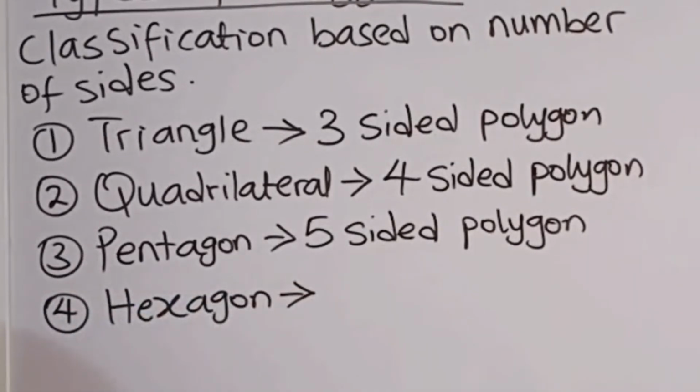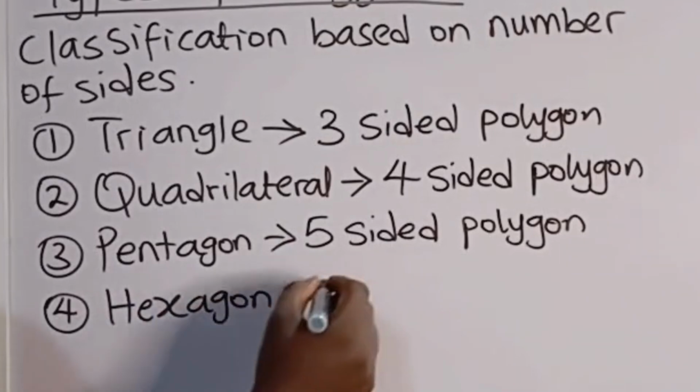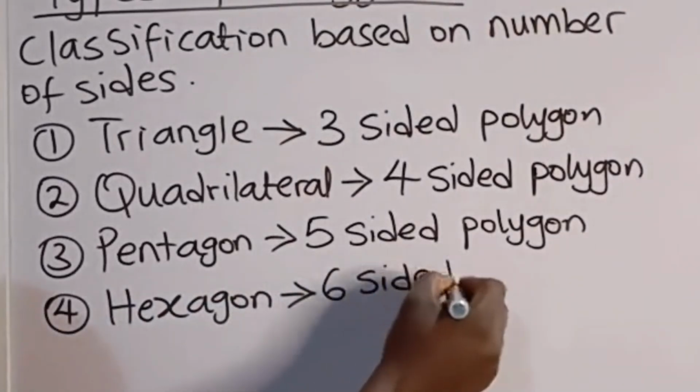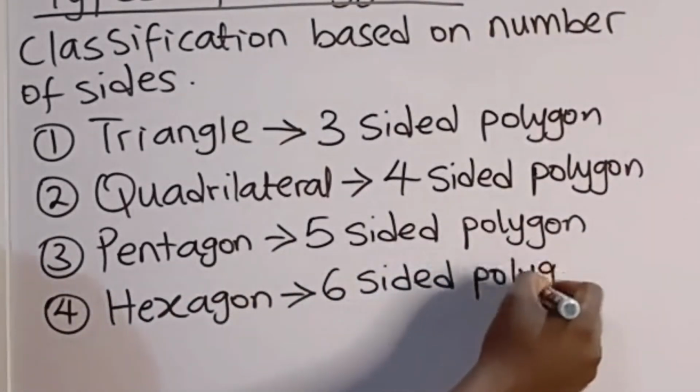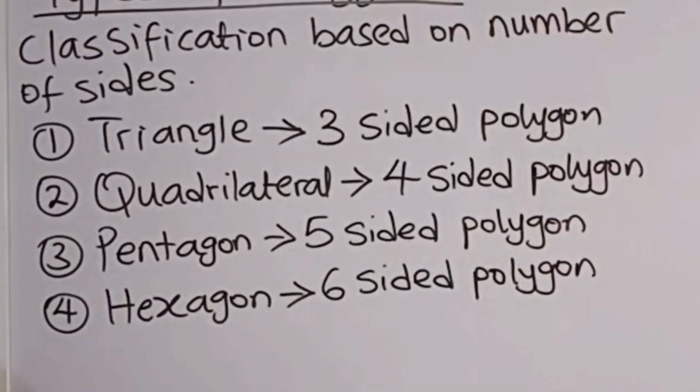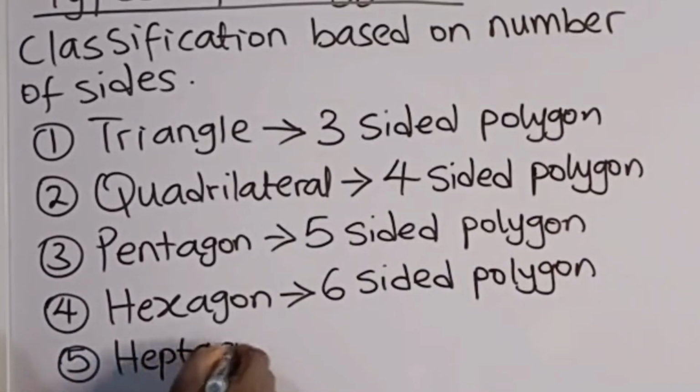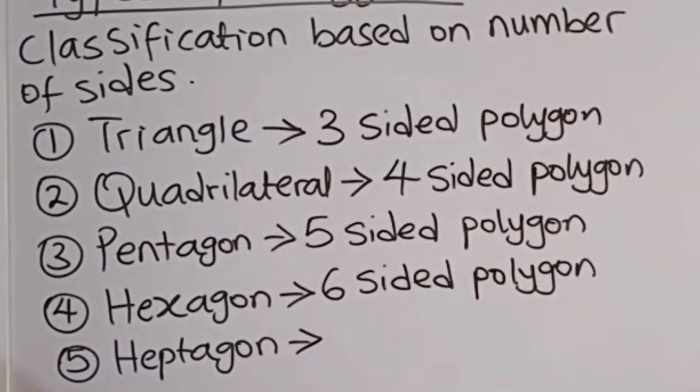A hexagon is a polygon that has 6 sides. Six-sided polygon. Number 5, heptagon. A heptagon is a polygon with 7 sides.